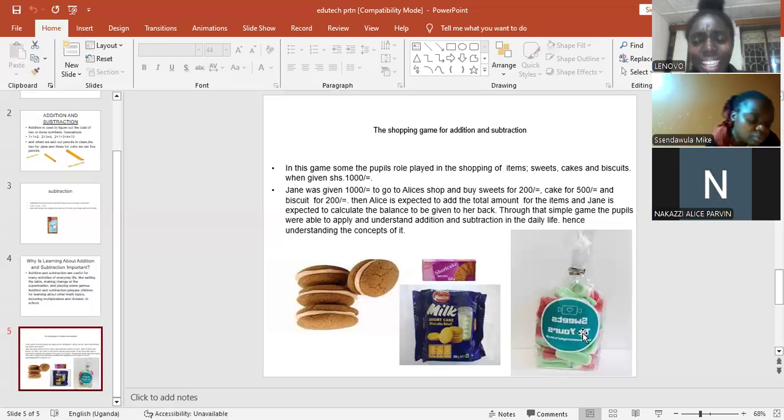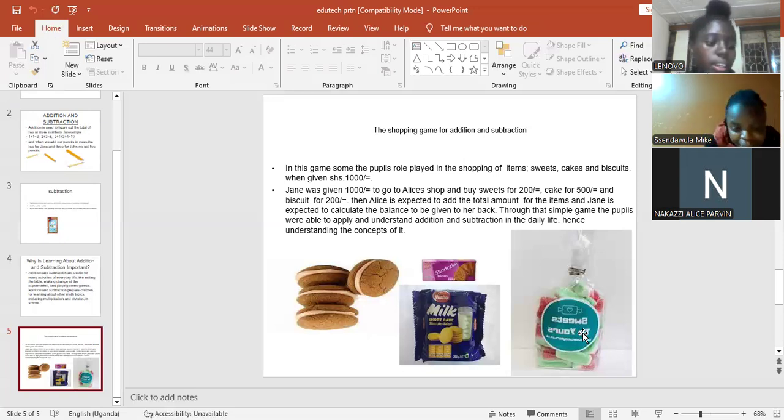Do you always take the very amount of money for the items you're going to purchase? No. You take a large amount in case they give you the balance. So that sometimes they give you the balance, okay? Not so?